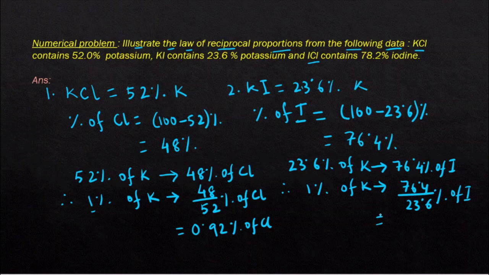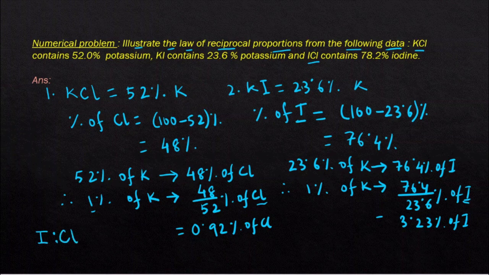Let's finish this calculation. 76.4 divided by 23.6 comes as 3.23% of iodine.